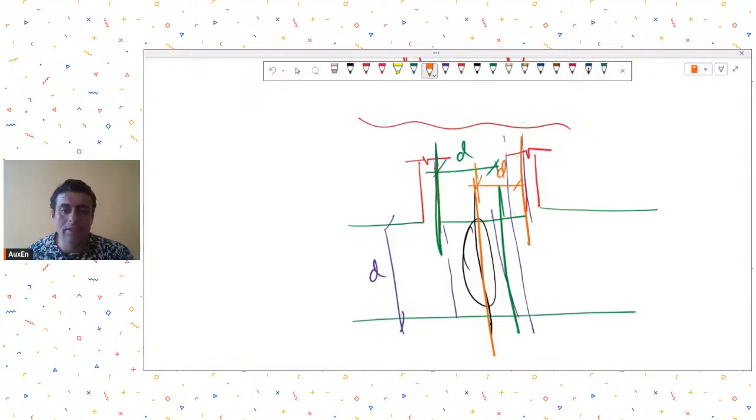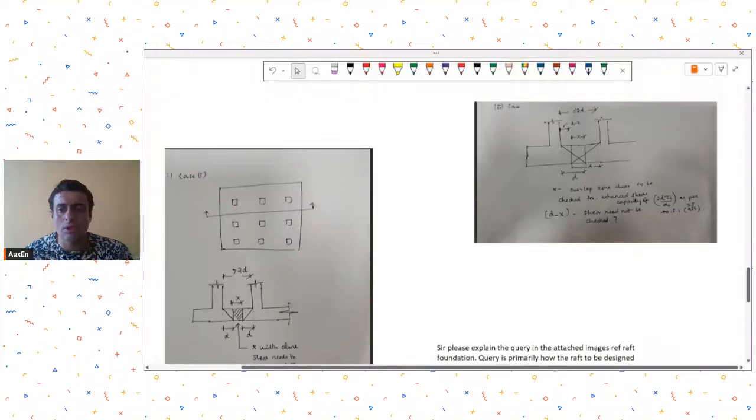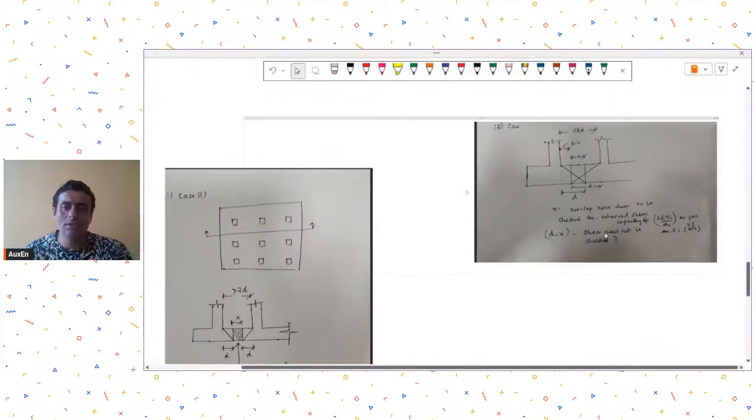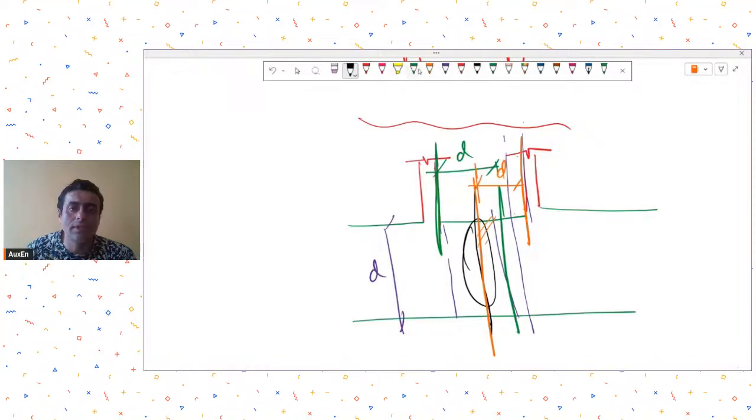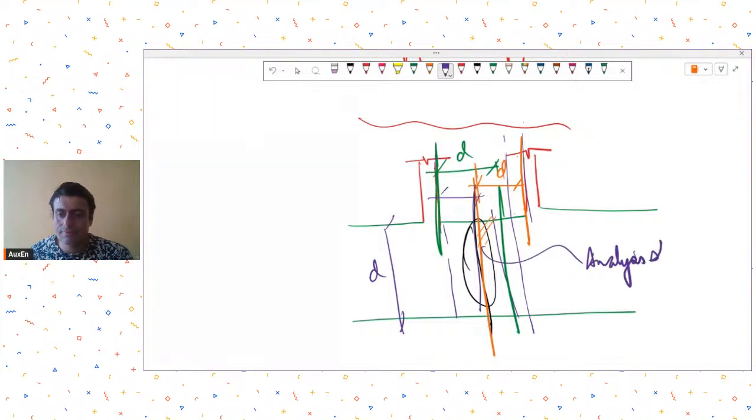So they are sort of intersecting. In such cases we will usually use the concept of enhanced shear in this overlapping zone. Because the critical section is within the d distance region, you find out the shears in this region from your analysis, and whatever analysis shear you get, you check it against the enhanced shear concept.